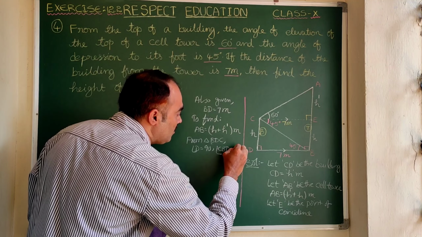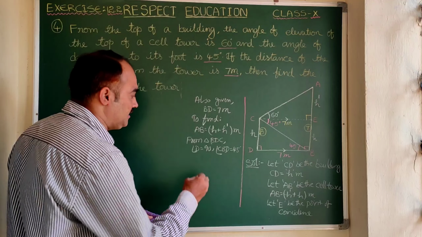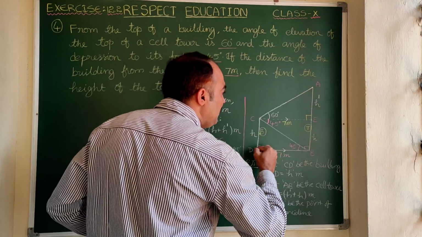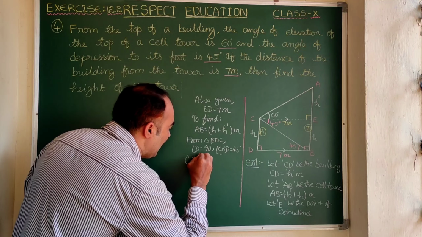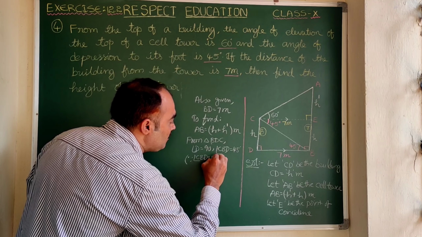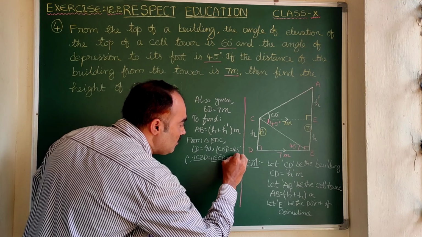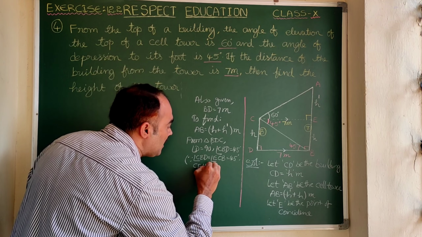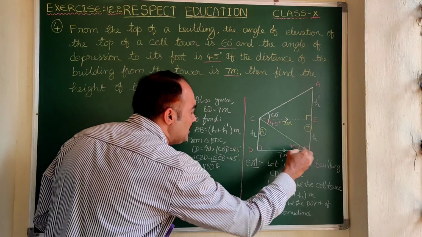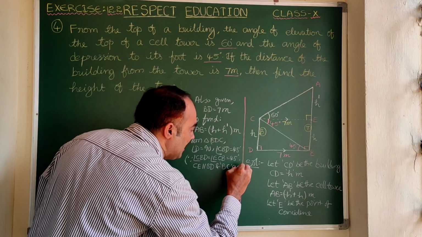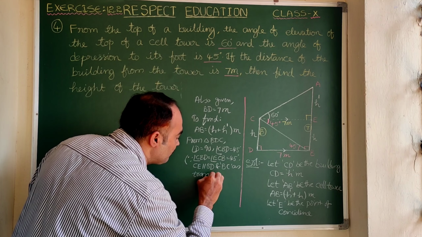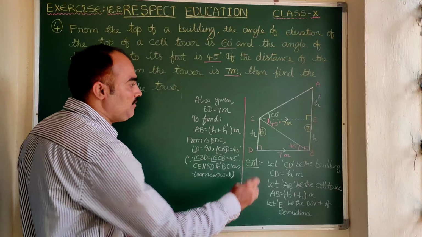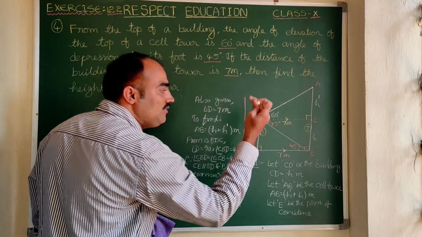Since angle CBD is equal to angle ECB, is equal to 45 degrees, because CE is parallel to BD and we are taking BC as transversal, these two are interior alternate angles. That means we made angle of depression as angle of elevation.